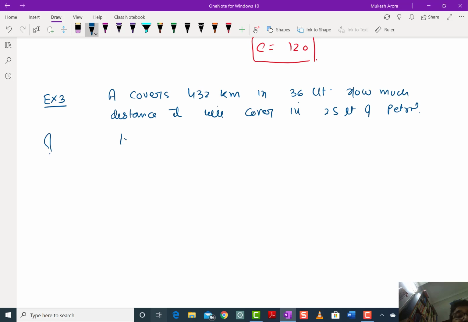So less petrol, less distance. It is direct variation.